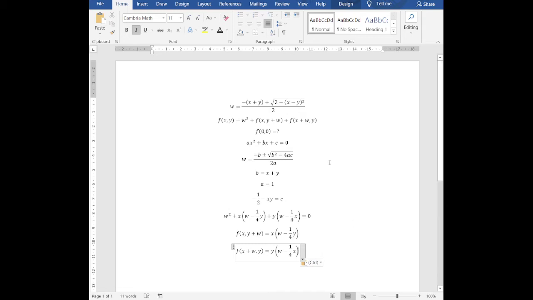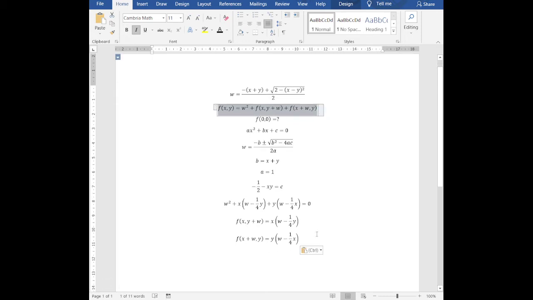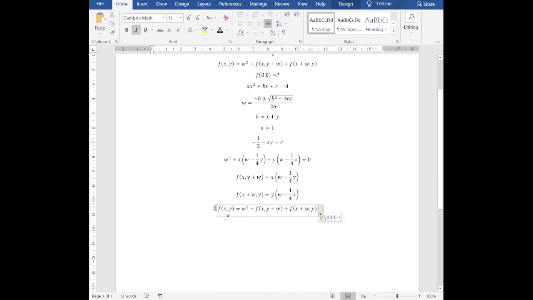So, my question with this initially was whether or not there was a single well-defined answer to this. Because let's return to what we had initially, actually. f of 0, 0 is equal to f of 0, w. Is f of 0, y.